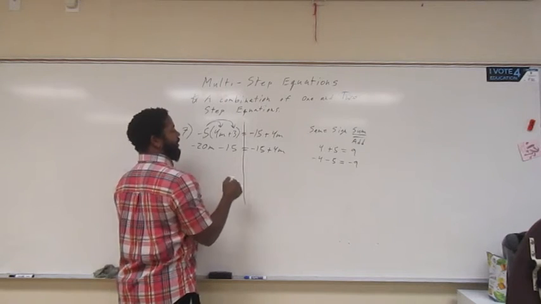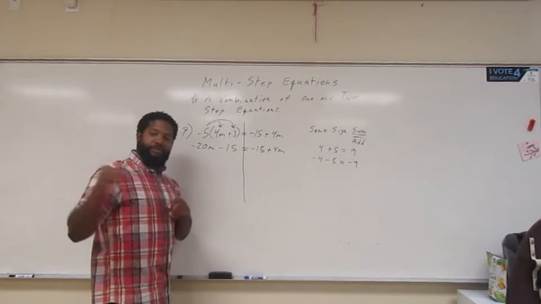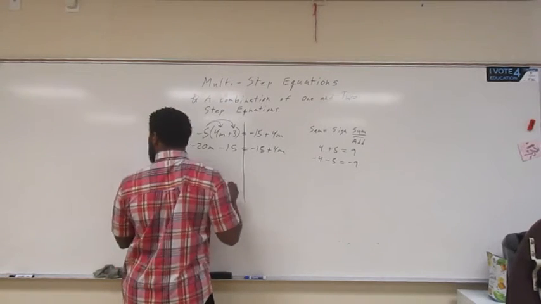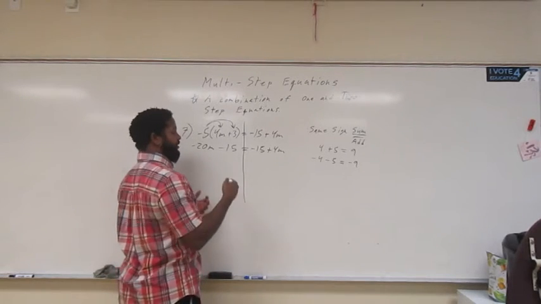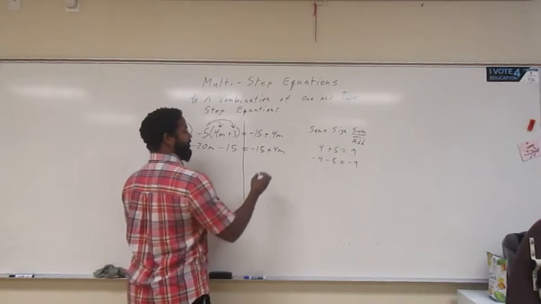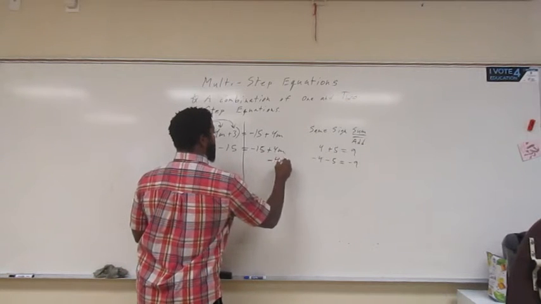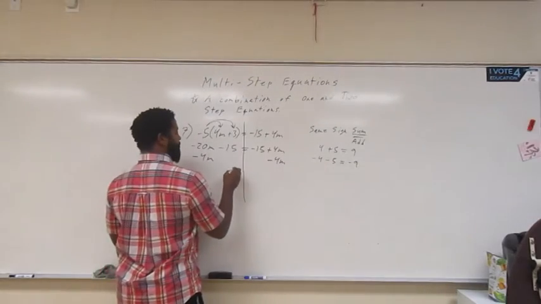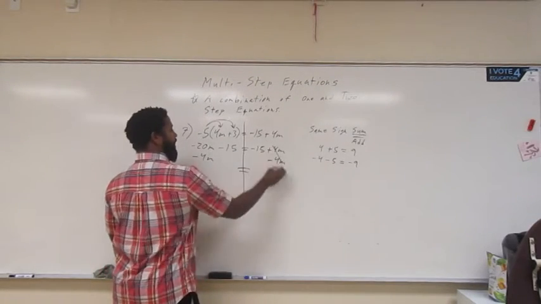So let's put this 4m to the other side and let's do what you just suggested, right? What kind of 4m is this? It's a positive. What's the opposite of positive? Negative 4m. -4m, right? So therefore, that cancels out.